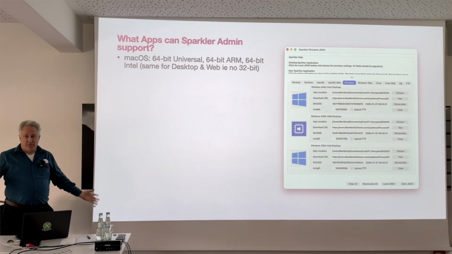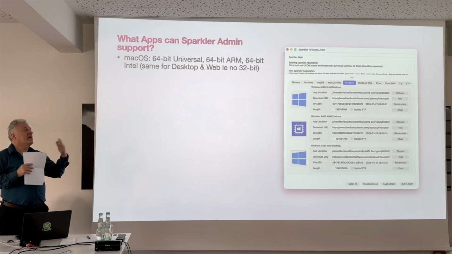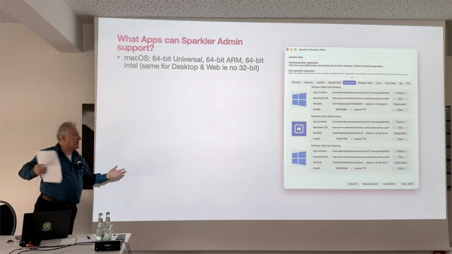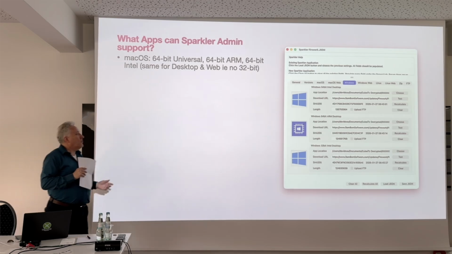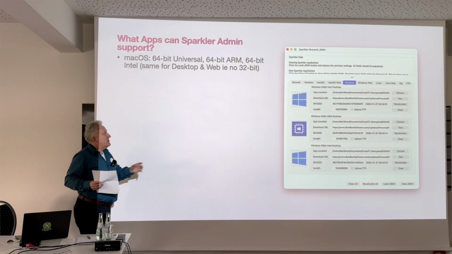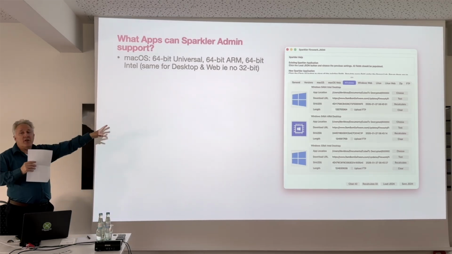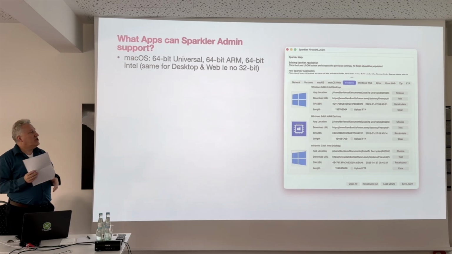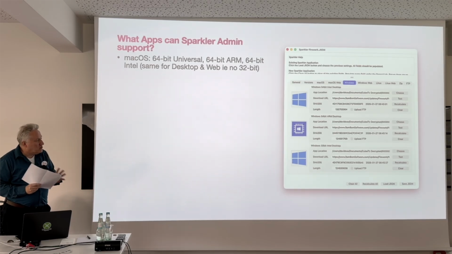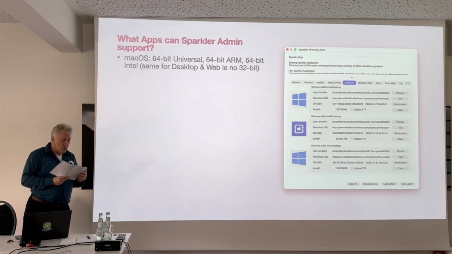If you don't provide macOS versions, you don't put anything into the macOS. If you don't provide Windows or Linux, just leave them blank. If you only have a 64-bit Windows version of your application on Intel, you've only got one thing to put in. In other words, you can ignore the rest. But if you do want to do more over time, you can make more and more available.